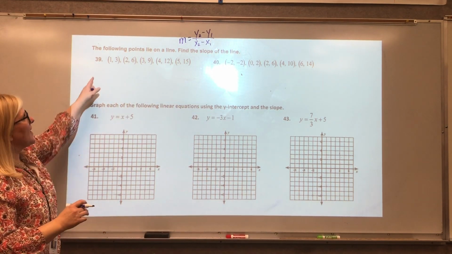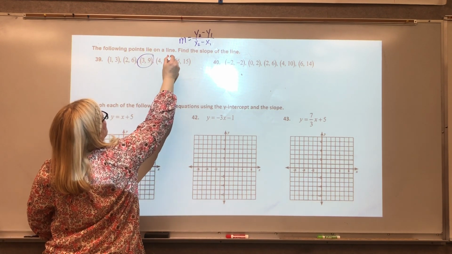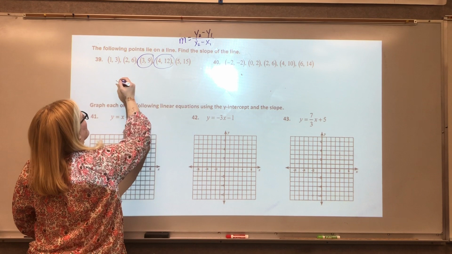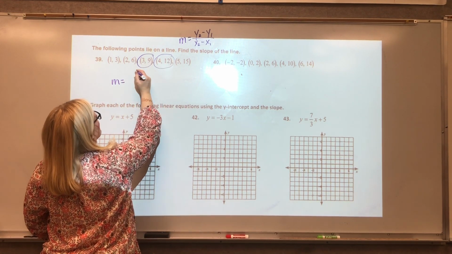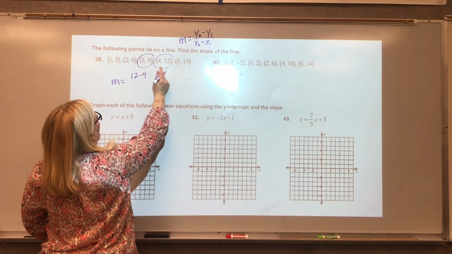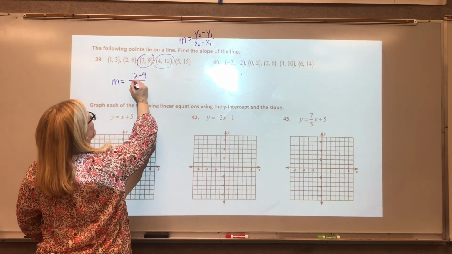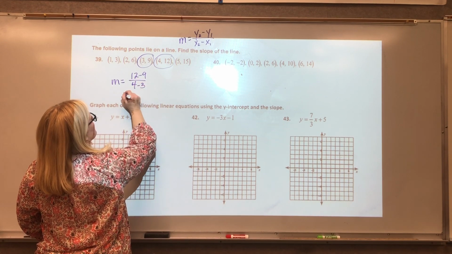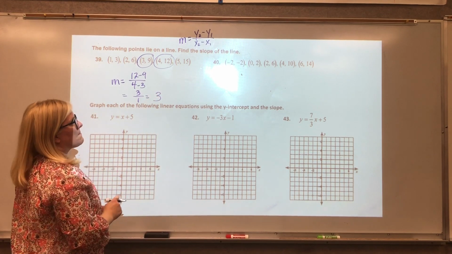All right, so let's pick 2. Let's pick this one and this one. Doesn't matter. So I have m equals, and I'm going to start on this one and go this way. So 12 minus 9, right? Y minus y over x minus x. So I get 3 over 1, which is 3.